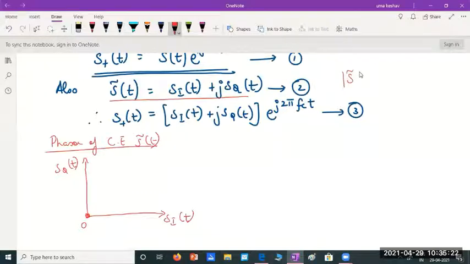How do I find the magnitude of s tilde of t from this equation? If I have a complex number a plus jb, what is the magnitude?